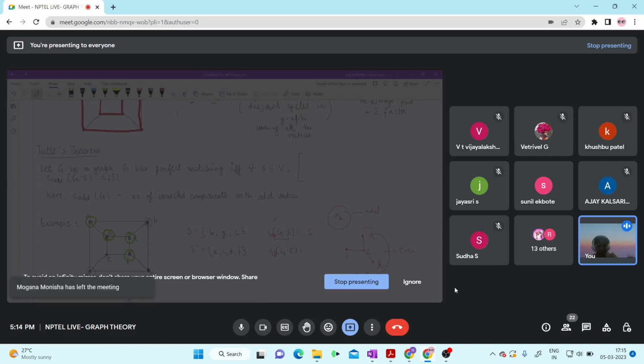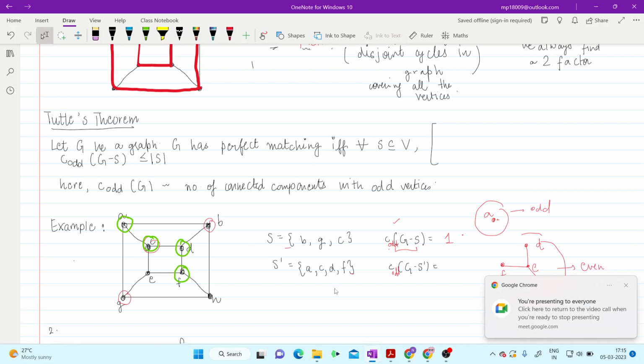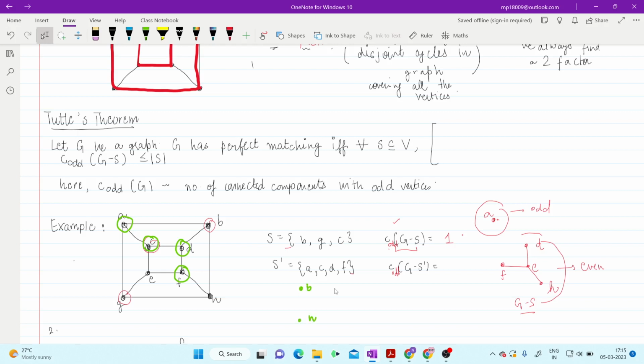Is everyone understanding what we are doing? Two, ma'am. Okay, so two. What components are you referring to? B and H have odd vertices, ma'am. And G and E will be another component with an even number of vertices.